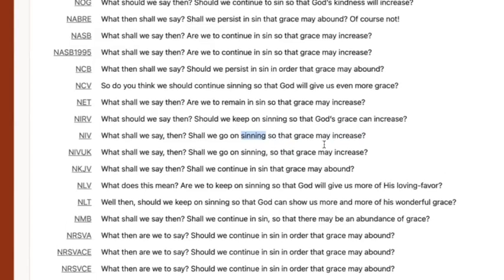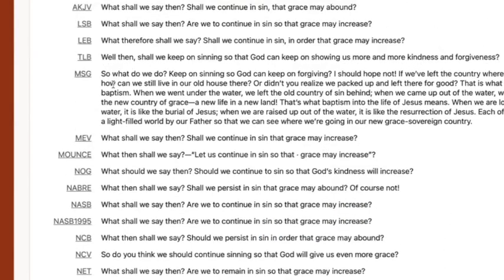Well, let's go to a paraphrase, the Message. So, what do we do? Keep on sinning so that God can keep on forgiving? Well, the word forgiving doesn't occur in the Greek. The Message was actually translated by one person, but it's trying to get the idea across. The Message doesn't even use verse numbers.